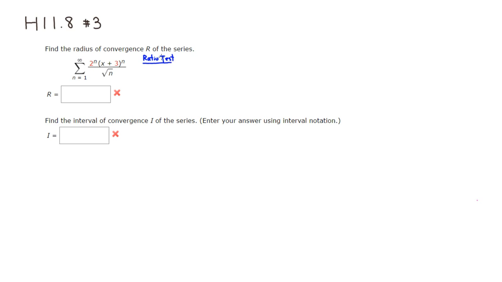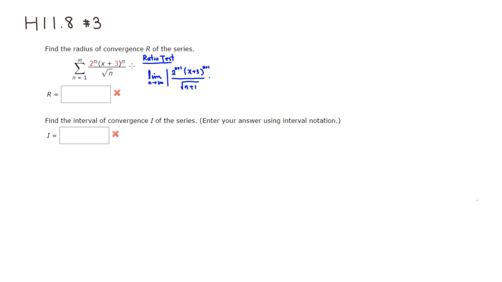So we have a limit as n approaches infinity of the absolute value of a_{n+1}, so you have 2 to the n plus 1, times the quantity x plus 3 raised to the n plus 1, over the square root of n plus 1.